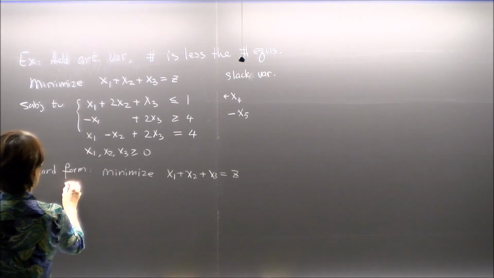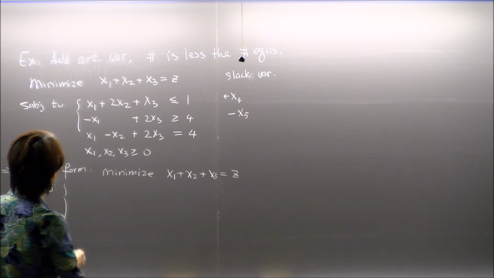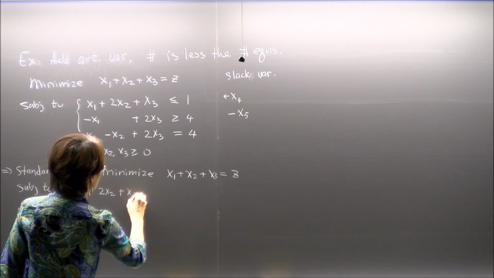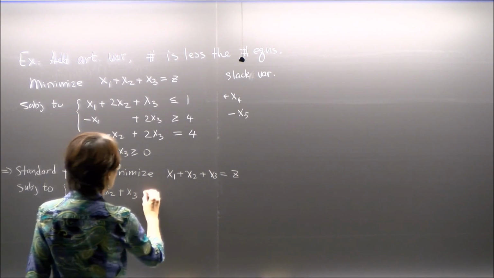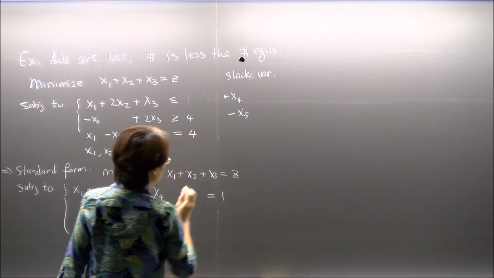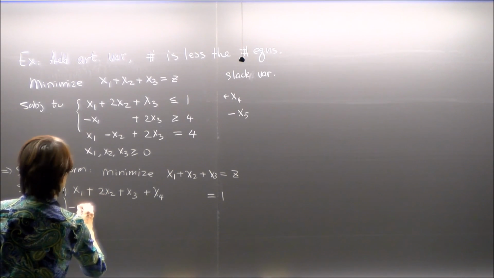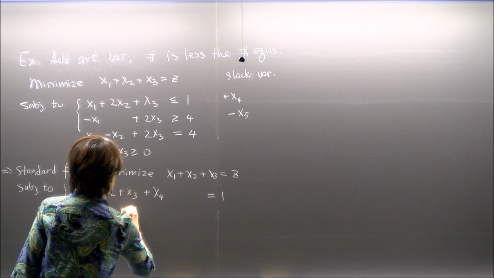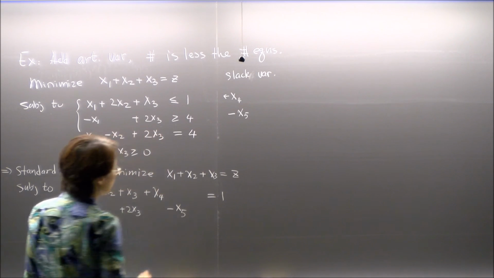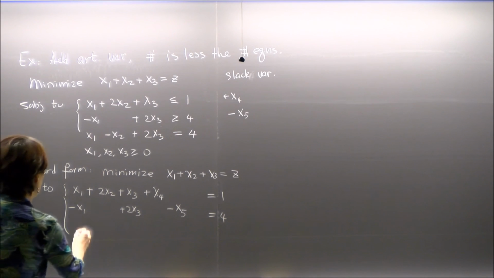Minimizing that, subject to the following: x1 plus 2x2 plus x3 plus a slack x4 equals 1 on the right-hand side. And for the second equation, I have negative x1, 2x3, and I would add an x5, but negative x5, and this equals 4. And the last equation is unchanged.